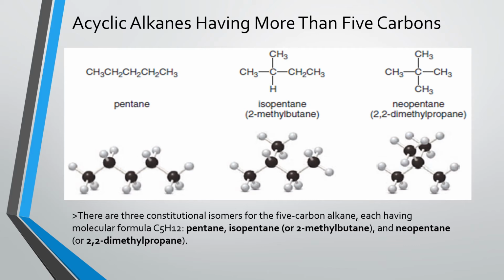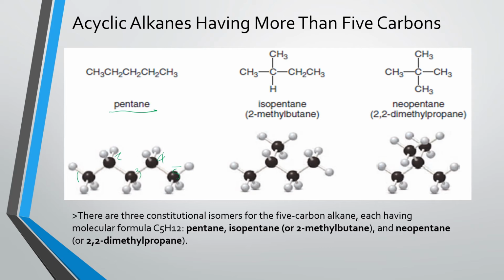Now let's get to know the other alkanes having more than 5 carbon atoms. So yung alkane with 5 carbon atom are known as pentane. Penta, maalala nyo, pentagon. Ilang side yung pentagon? 5. Penta means 5. So an alkane with 5 carbon atom is known as pentane. So we have 1, 2, 3, 4, 5.